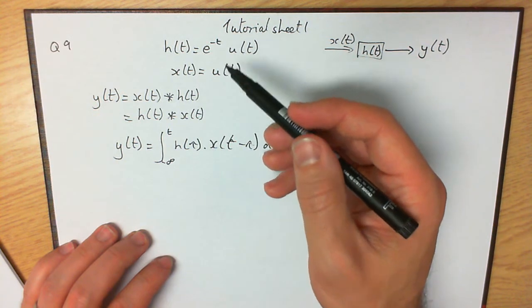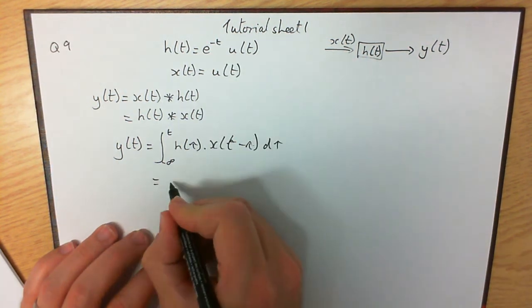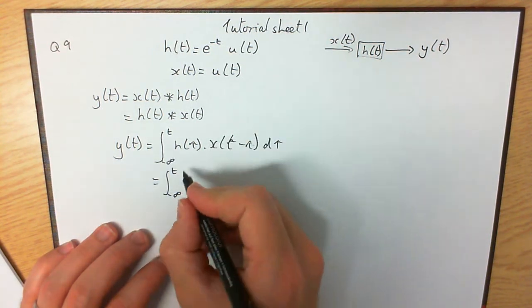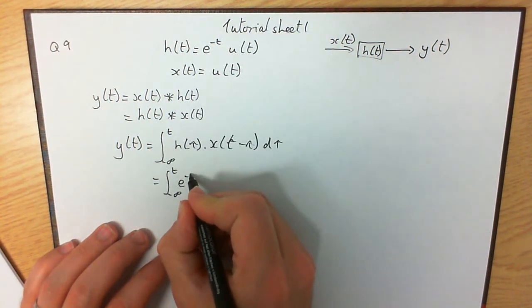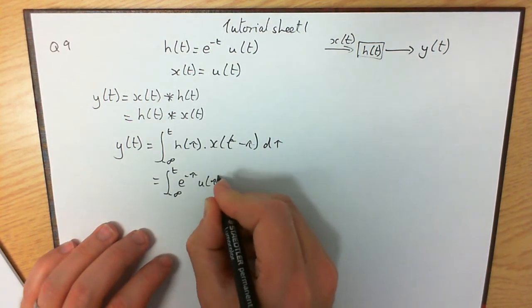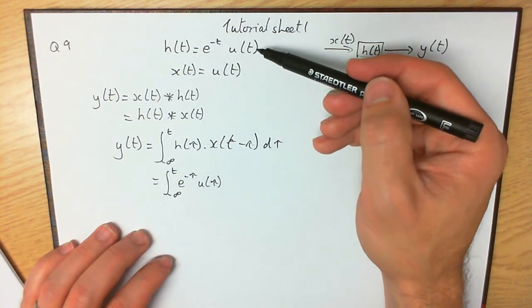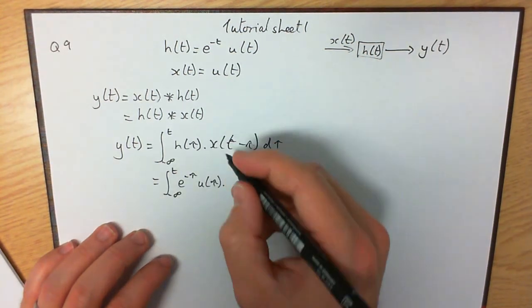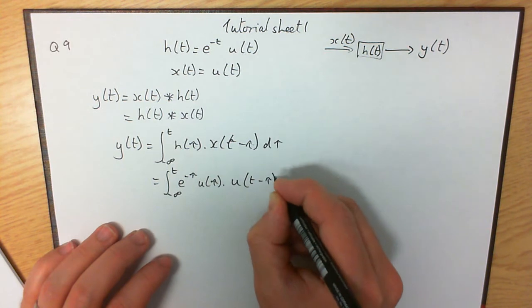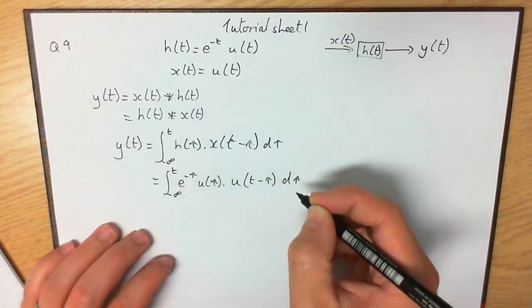And if we put those two equations in, we're going to get the integral from minus infinity to t of e to the minus tau u of tau, so just replacing t with tau, multiplied by u of t minus tau d tau.